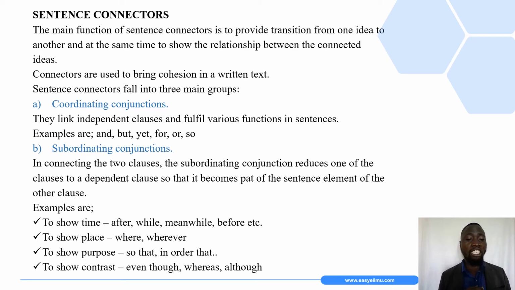So the examples of the subordinating conjunctions and their functions.